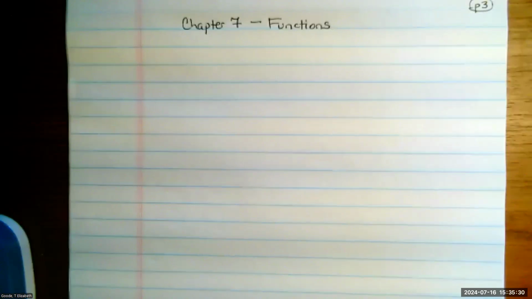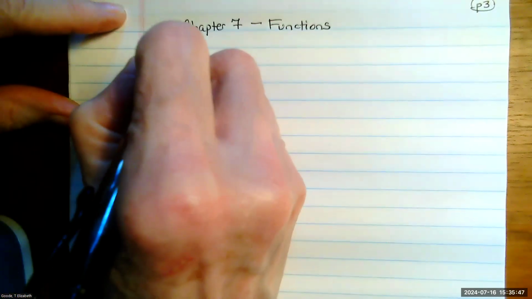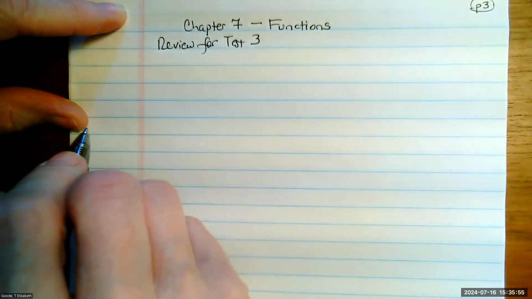I just said test 3 review of functions. I should rename it chapter 7, shouldn't I? But anyway, all you have to do is look at the notes or have attended lecture, and you know, chapter 7 is functions. So, let's take the review, Test 3. And what was the first problem that you want to look at?